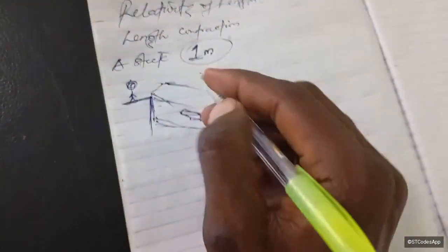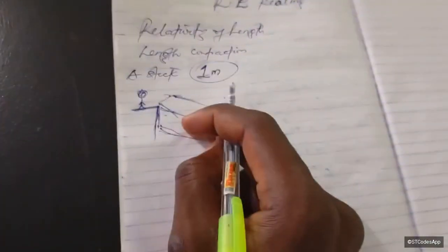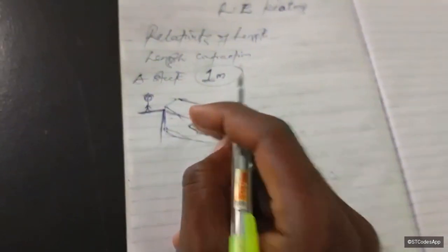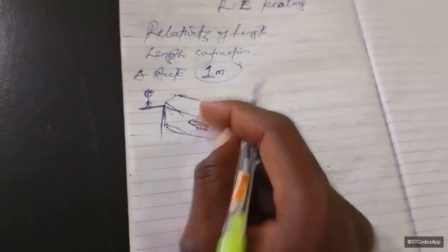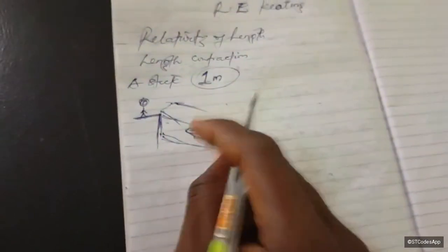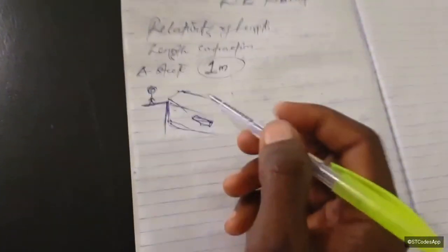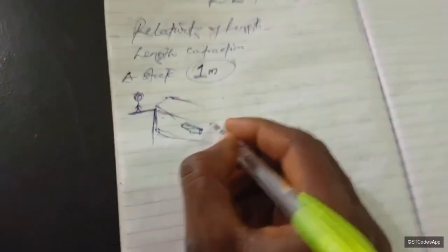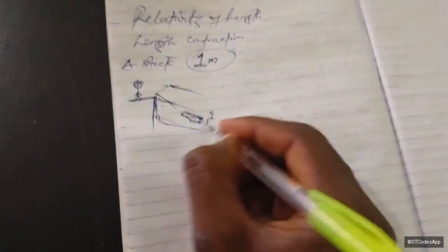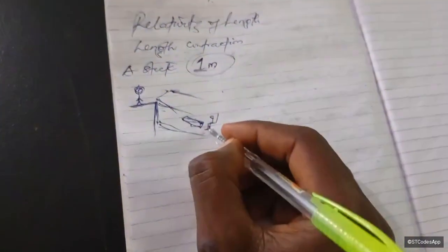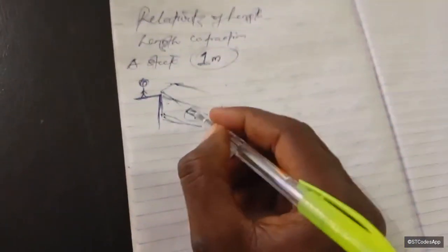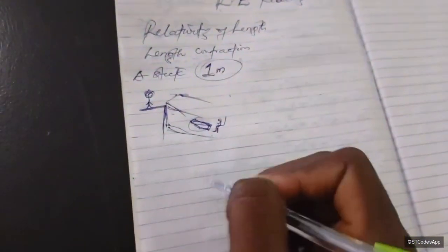The ruler that you have measured to be 1 meter long normally. If it's inside this train that is moving very close to the speed of light, this rod is still 1 meter long. To someone sitting on the train, this rod will still be 1 meter long.